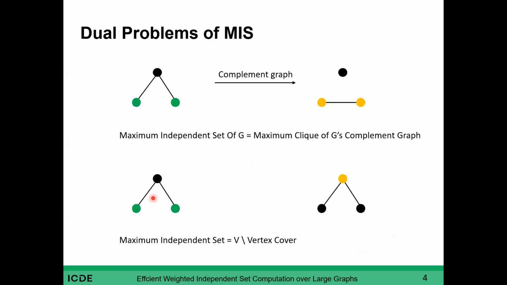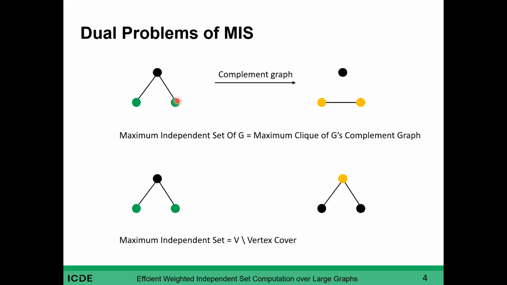The MIS problem is an important topic because it strongly relates to many other well-known problems, such as the maximum clique and the minimum vertex cover, which are also NP-hard problems. It has been proved that the MIS problem is equivalent to these problems.